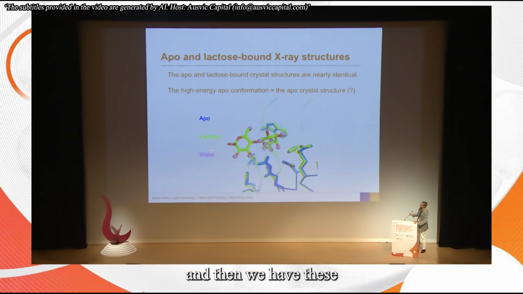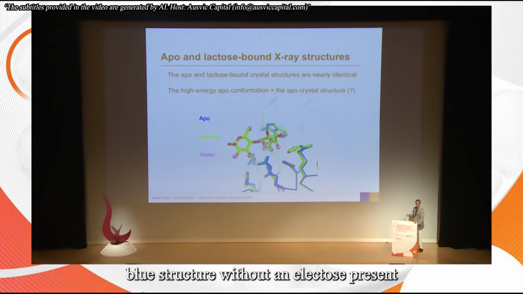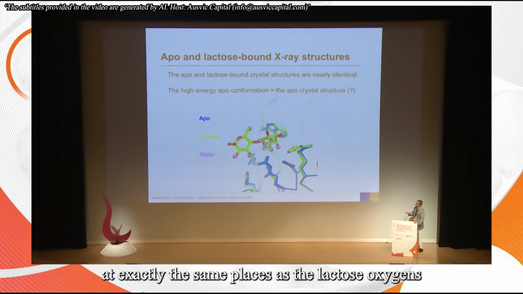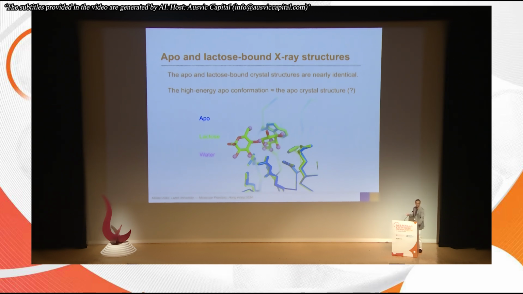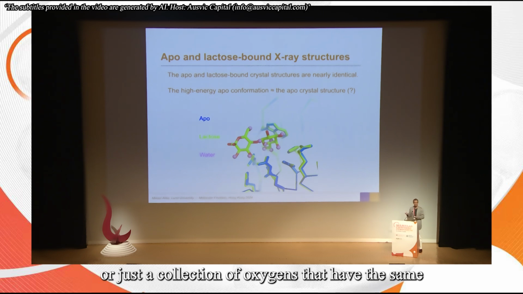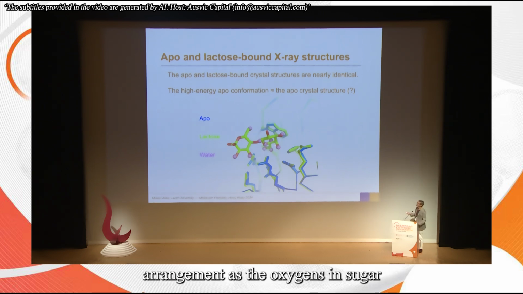And then we have these pink spheres, and they correspond to water molecules that are present in the blue structure, without any lactose present. So the protein actually binds water oxygens at exactly the same places as the lactose oxygens. So it has evolved to be a cradle for binding sugar-like molecules, or just a collection of oxygens that have the same arrangement as the oxygens in sugar.